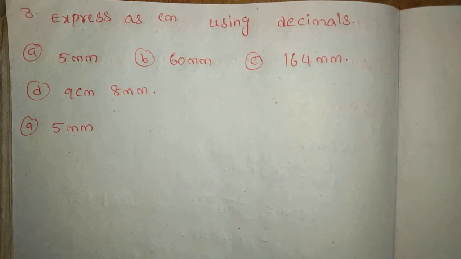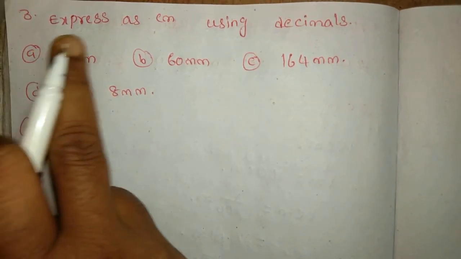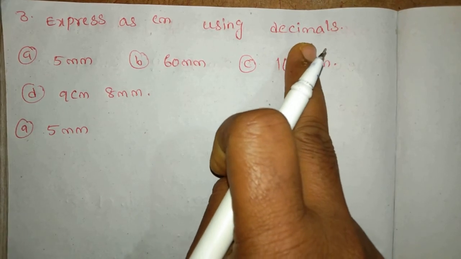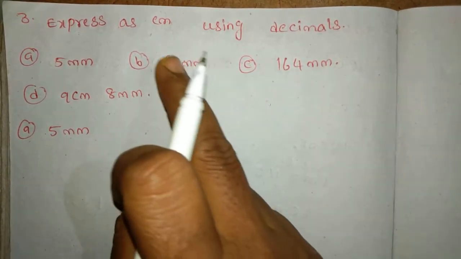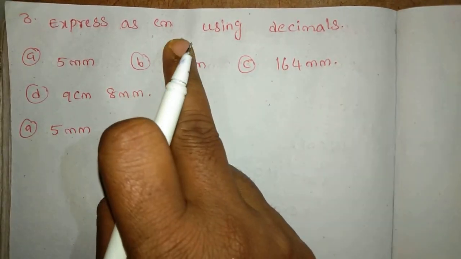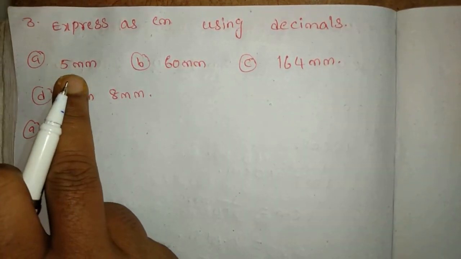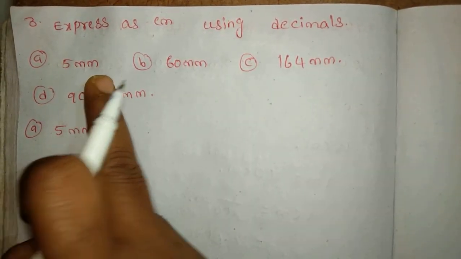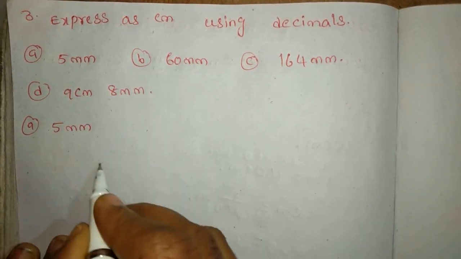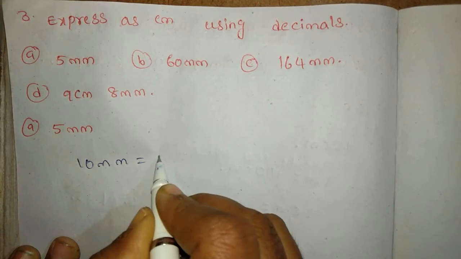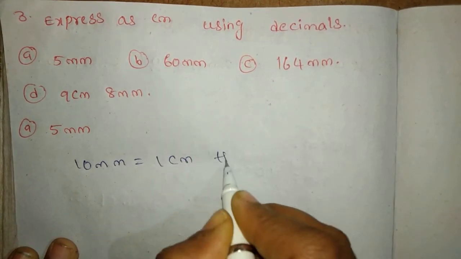Now let us see the next question, that is the third one. Express as centimeters using decimals. We should convert millimeters to centimeters using decimals. First one is 5 millimeters. As we know, 10 millimeters is equal to 1 centimeter.